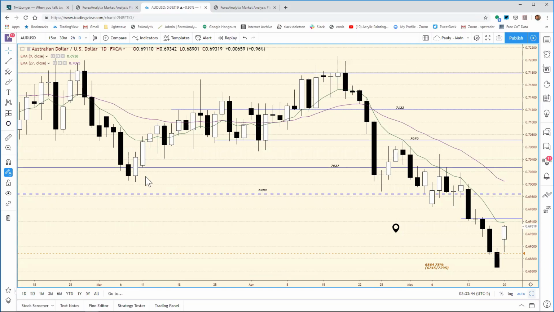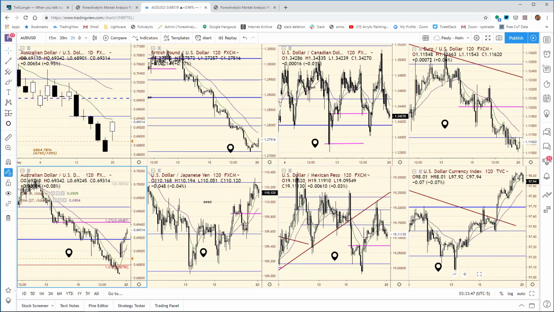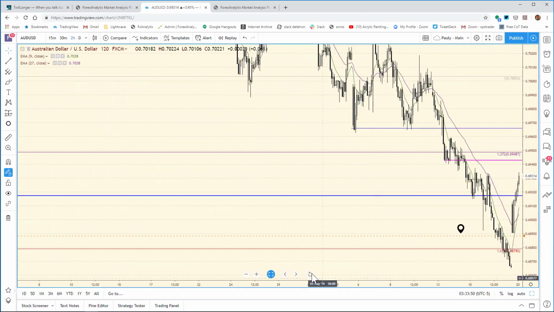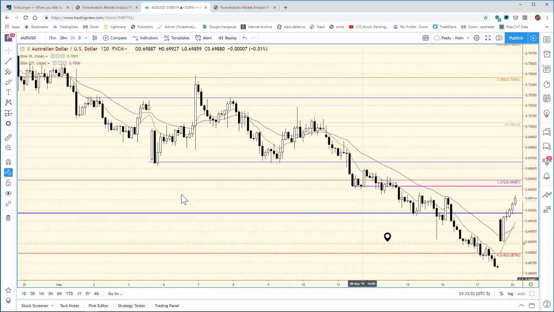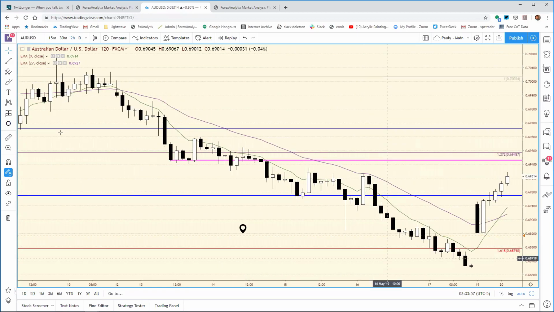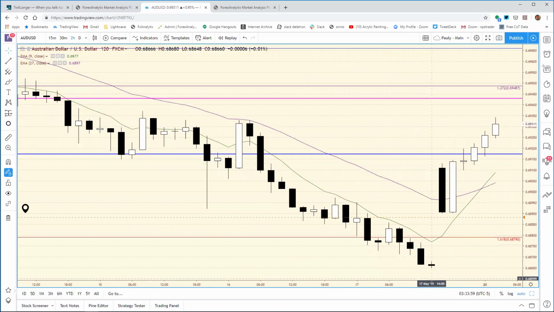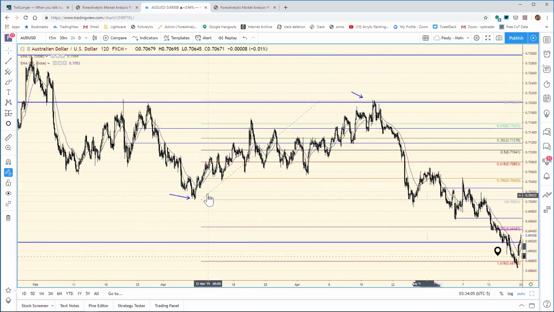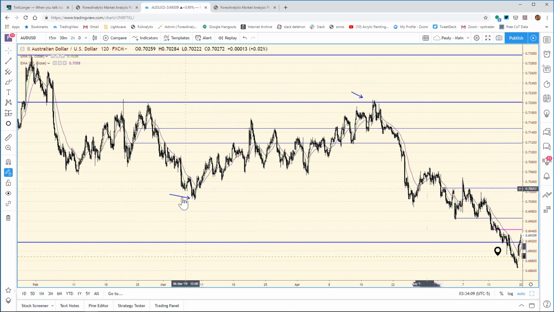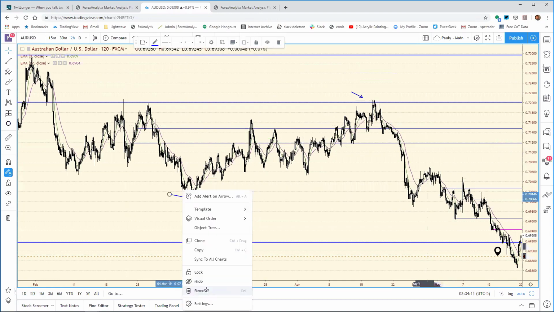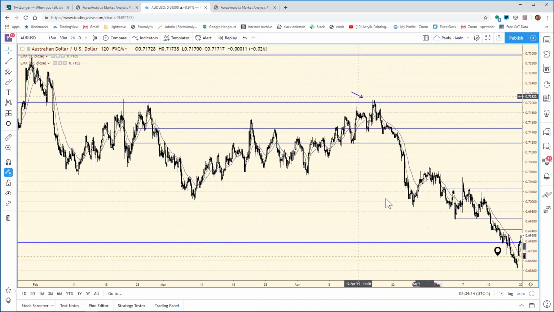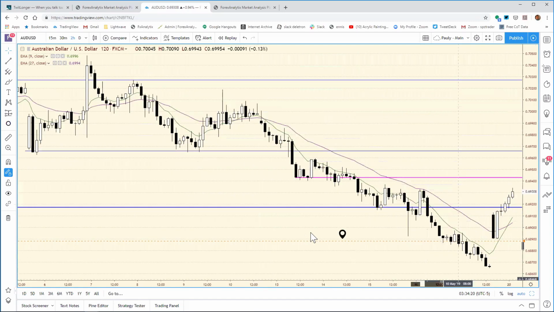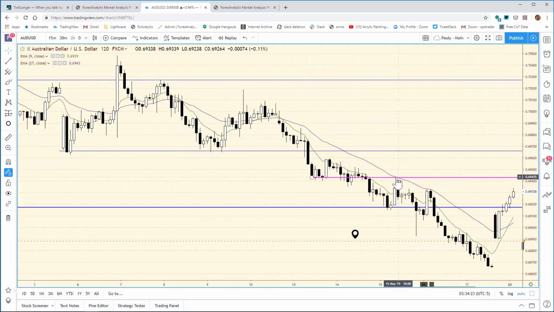And let's take a look at the 2-hour chart for some support. And there's a 69.45 support.